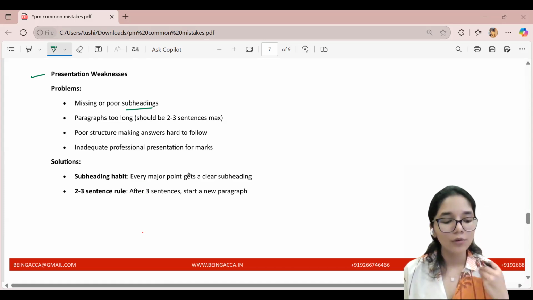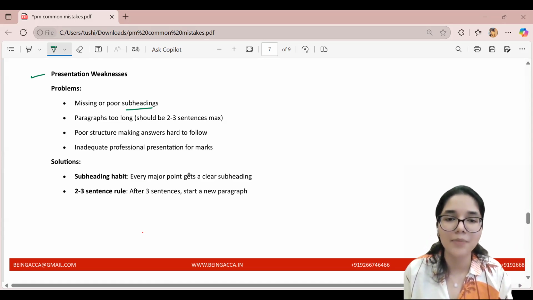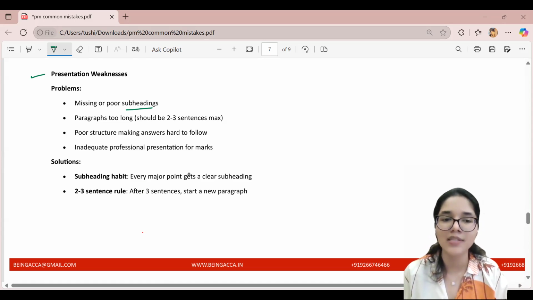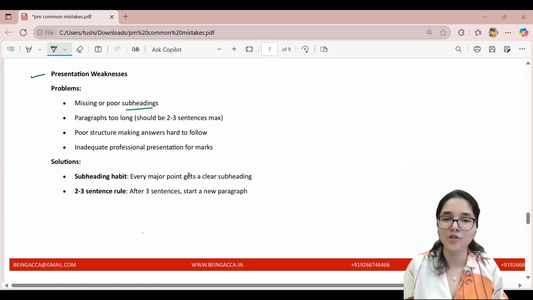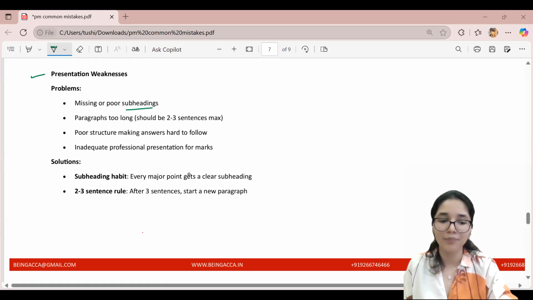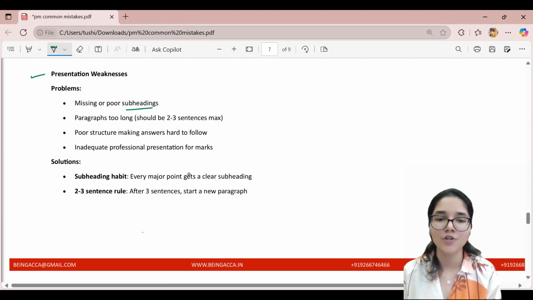It almost pains me physically that I have told you this so many times: please use subheaders. Still, I see students answering without subheaders. If the subheaders are there, they are very poorly written and do not convey what is spoken about in the point beneath. So ensure every point has a clear subheading.